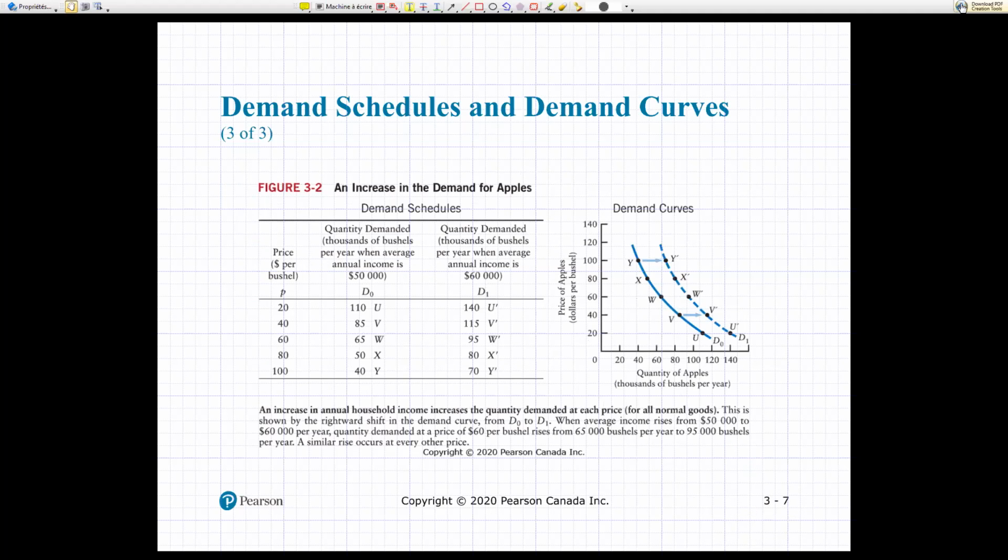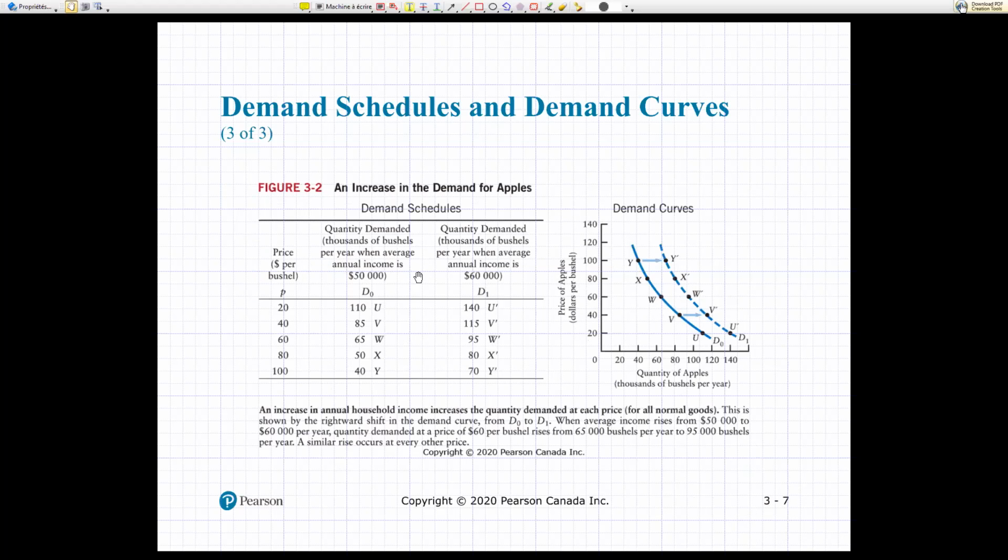So what is this? Oh yeah, that's expressing what it means to have a shift in the demand curve. For instance, if the annual income was $50,000, this would be the relation between quantity of apples demanded and the price.